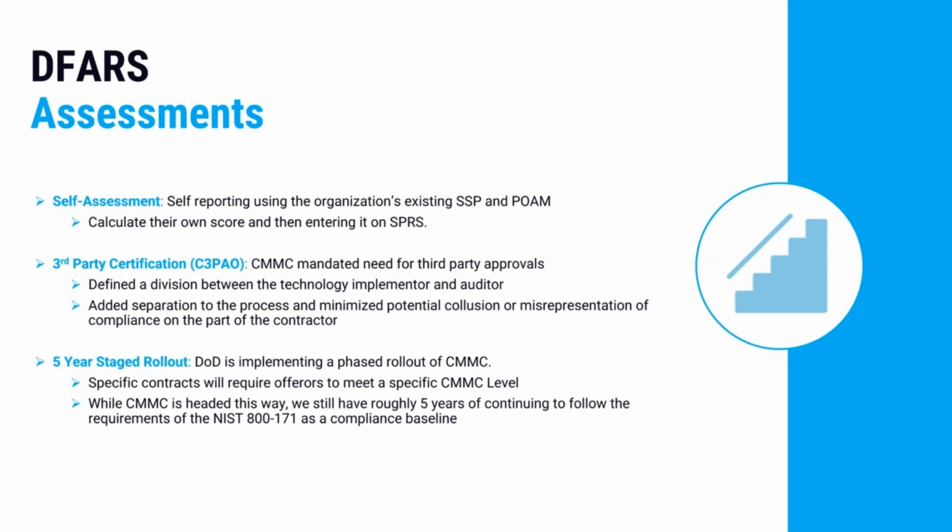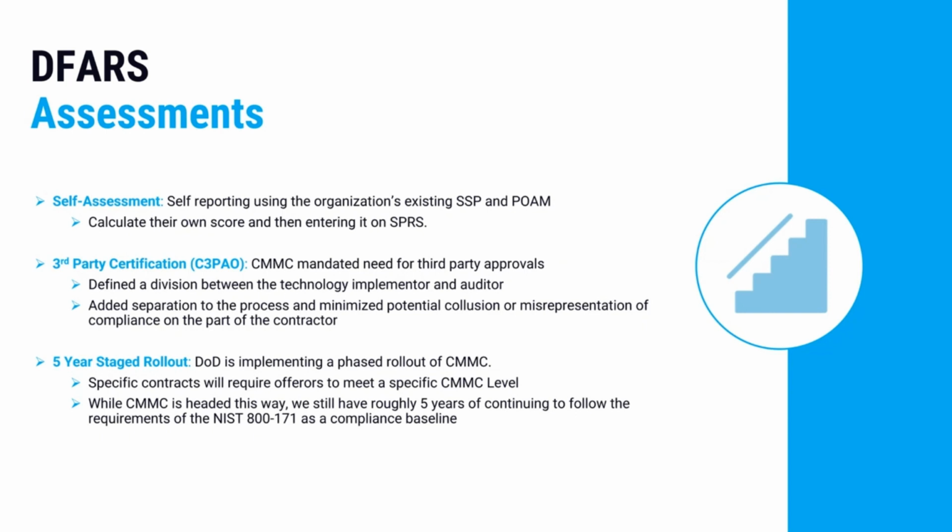So the DoD is implementing a phased rollout. The specific contracts you have, not all of them, will require offerors to meet a specific CMMC level. Again, likely the majority of contractors dealing with just CUI data will be on CMMC maturity level 3.